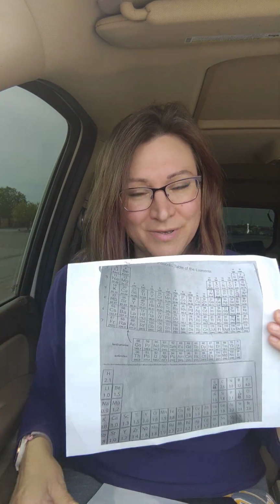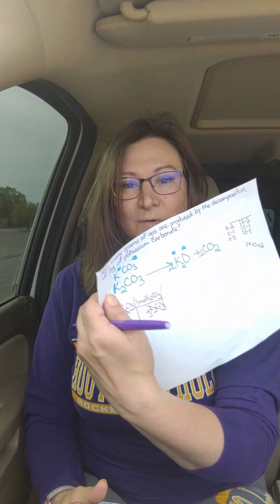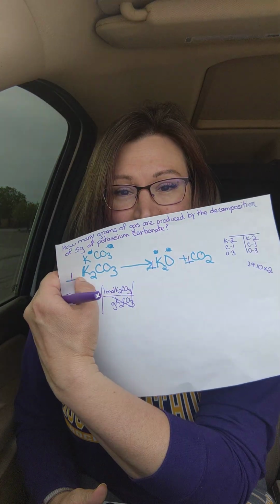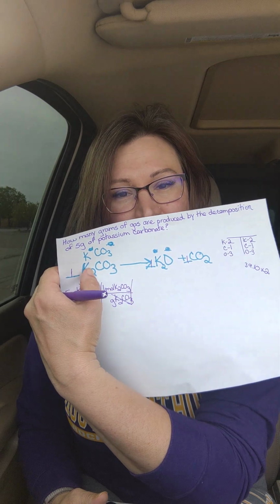All right, so let me pull out my handy dandy periodic chart here. So we know that potassium is 39.10. We have that times 2 because we know from the chemical formula that potassium carbonate is K2CO3.